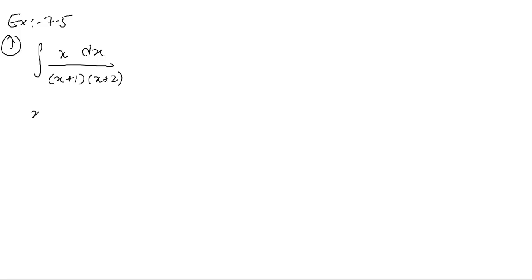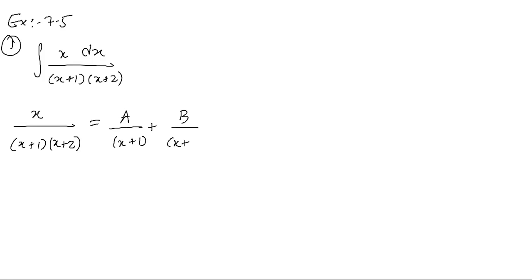As you can see, this expression will fit in type 1, as your denominators are linear. Both of these terms are linear, and it is also not repeating. So I want to write this as a upon x plus 1 plus b upon x plus 2.